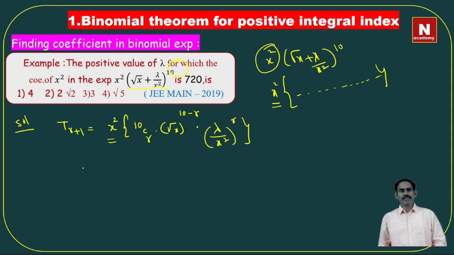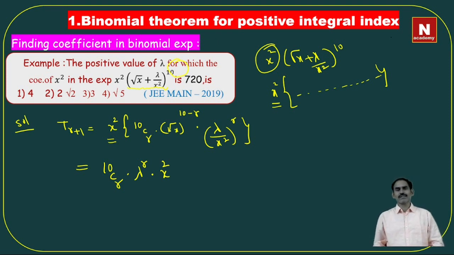Now simplify this. I am writing the constants first: 10cr, with root meaning 1 by 2, and lambda power r, another constant. Remaining all the x terms, I am writing x square. Next, root x, square root of x, means 1 by 2.